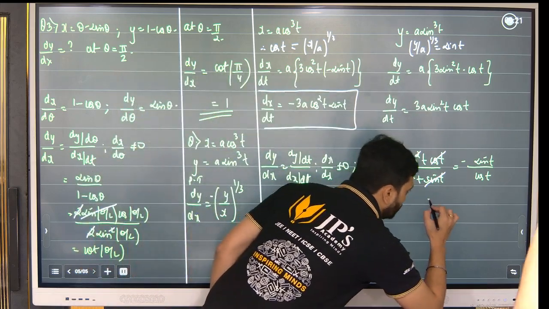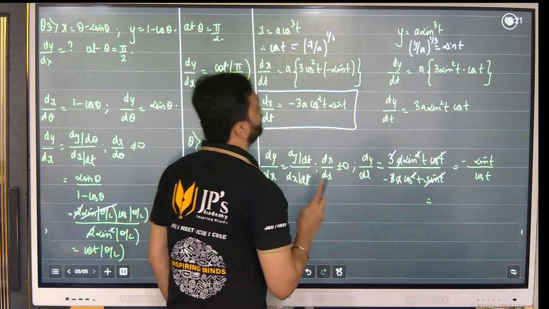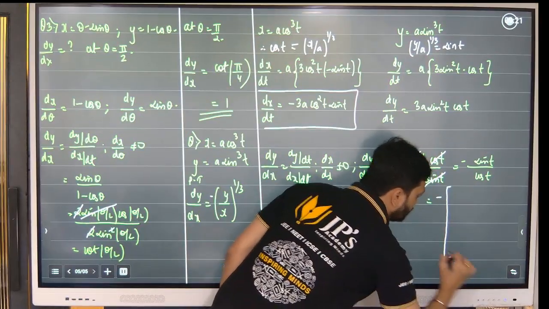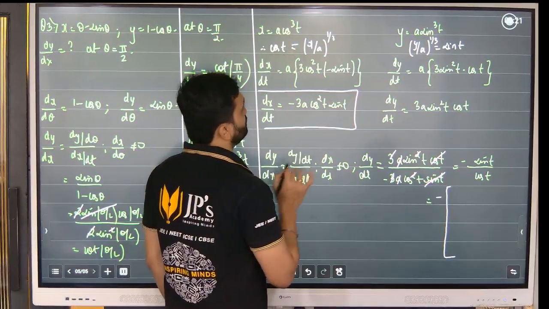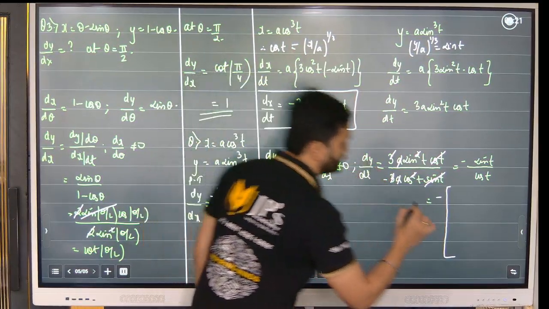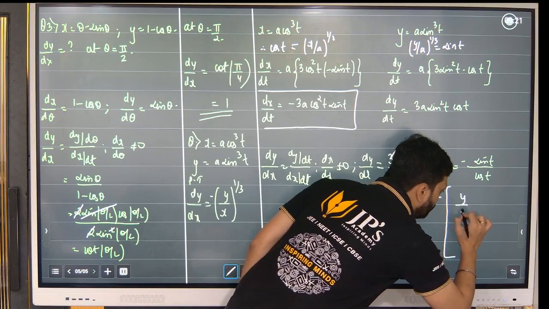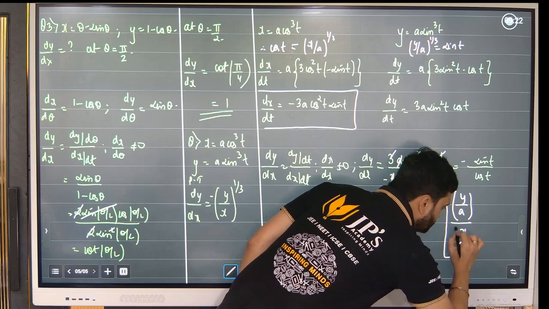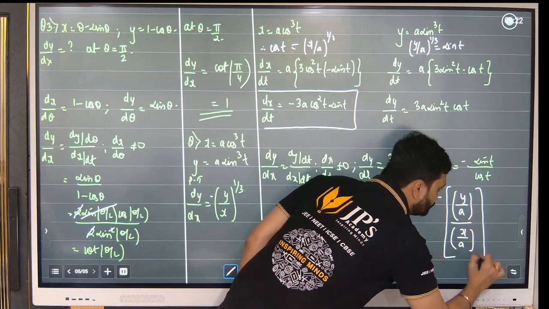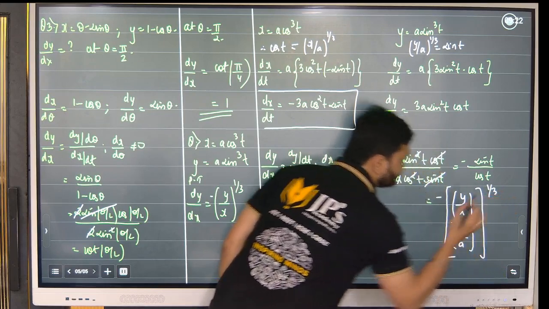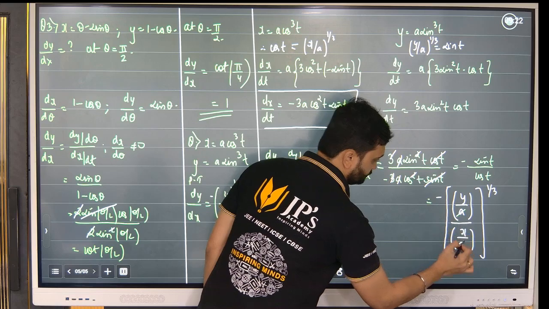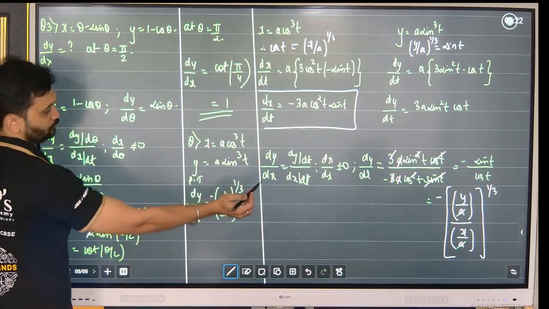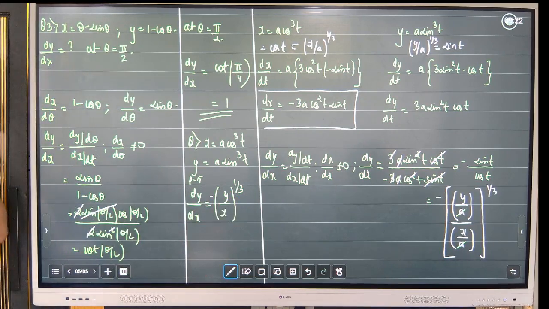So the value of sin t is, minus is outside, y by a upon x by a, the whole raised to 1 by 3, which is nothing but y by x raised to 1 by 3. Have you guys understood this?